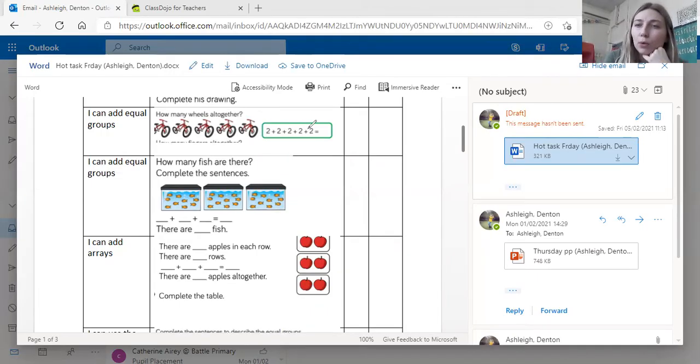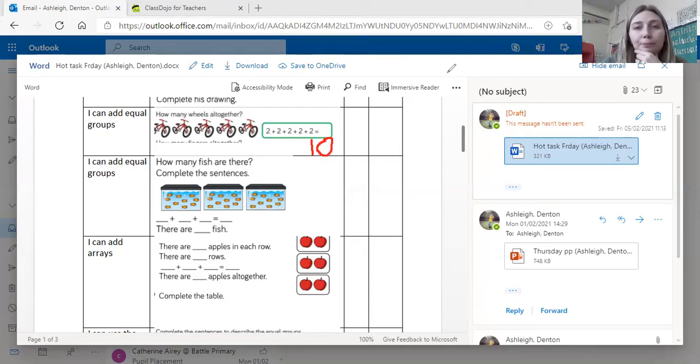So what times table could I do to help me work this out? I could do 5, because I have 5 bicycles, times 2. So I could do 5, 10 wheels, or I could do 2 times 5: 2, 4, 6, 8, 10. So I'm going to write 10 here because it is my answer.